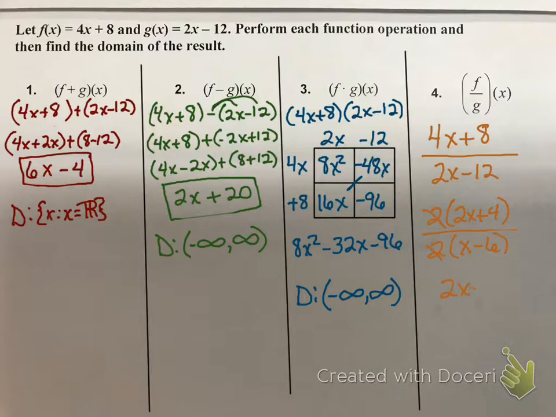That ends up leaving me with 2x plus 4 over x minus 6. X minus 6 is my denominator, so it can't equal 0. The number that would cause that to be 0 would be 6. So my domain is all real numbers except 6.